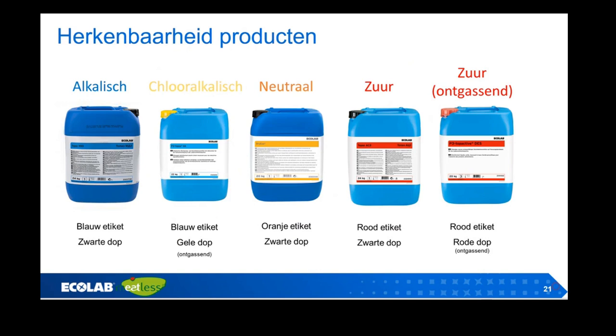What is different is that you see two different caps. The chloralkaline has a yellow cap. Then there is the acid degassing product, Top Active DES. It's an acid and it's a degassing product, so you can recognize it by the red cap and the red label. That's the difference between the acid and the acid that can degas.